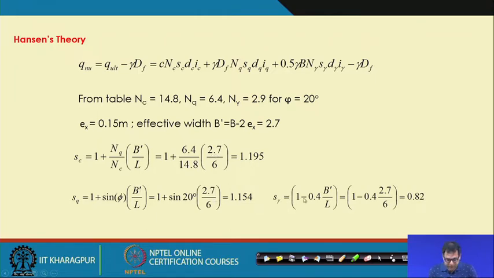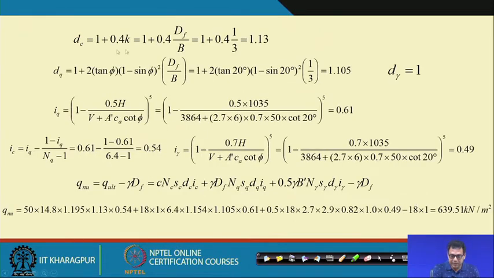So, if I put the Sc, Sq and S gamma values in this expression, it is greater than 0.6, so we have to use 0.82. Similarly, for Dc we have used B, not B dash. Dq also we have used B, and D gamma is always 1.